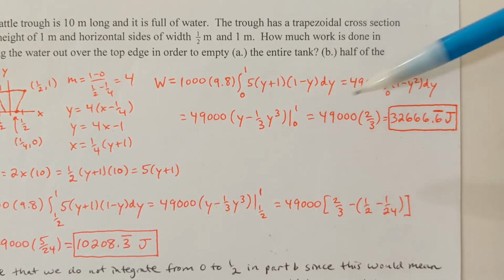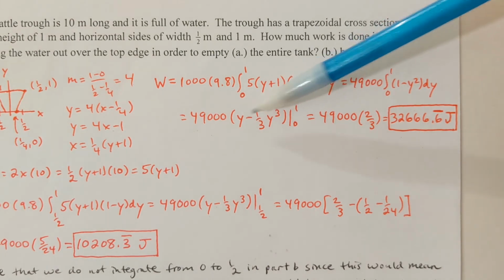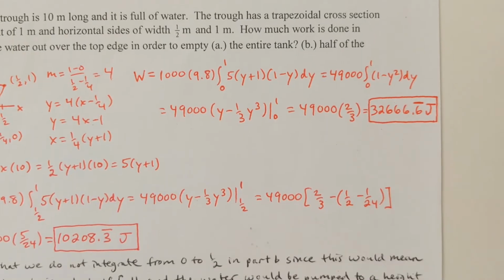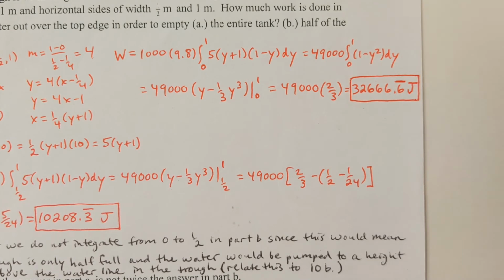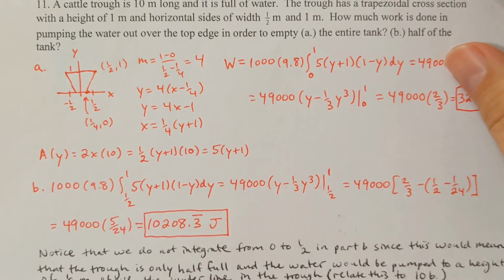We're evaluating that from 0 to 1. And when I plug in the bounds, 1 minus 1/3 is 2/3 times 49,000 would be 32,666.6 repeated joules. Okay, and that would be the work done in emptying the tank.